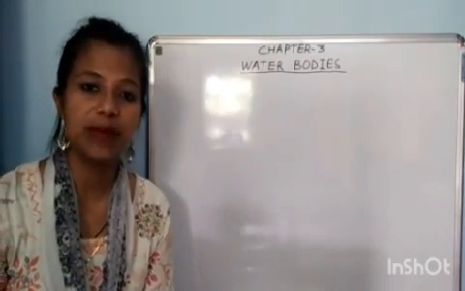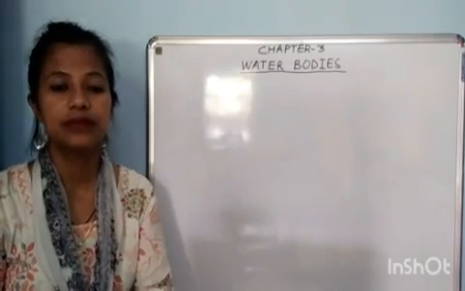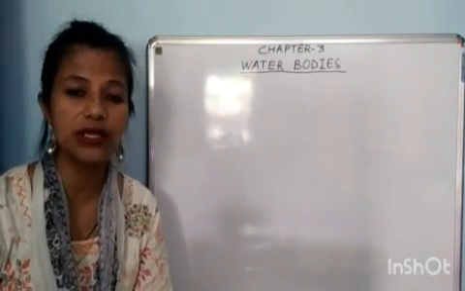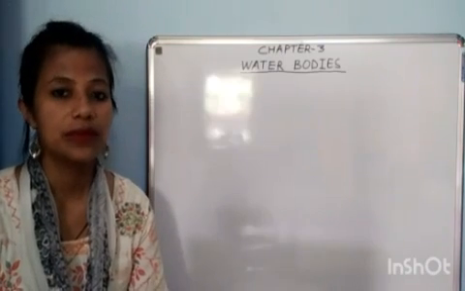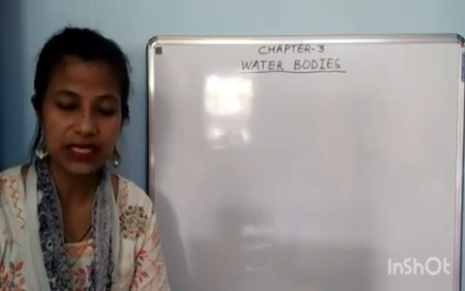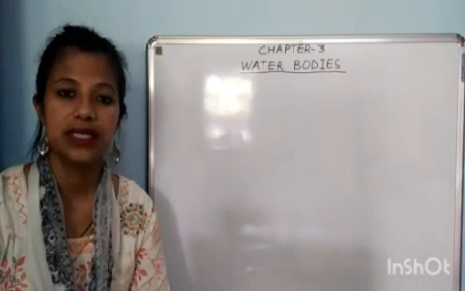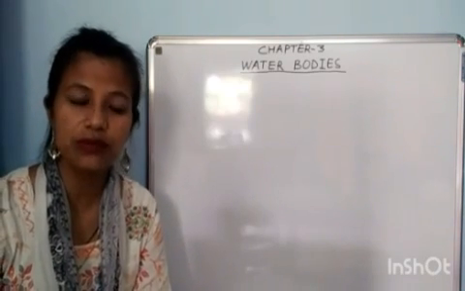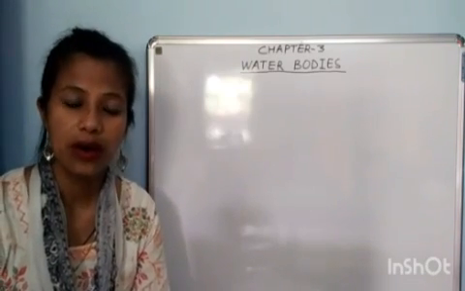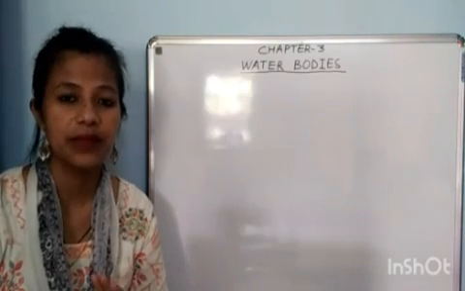Let's continue chapter number 3, water bodies. Students, in the last video we studied the oceans of the world. How many oceans are there? 5.